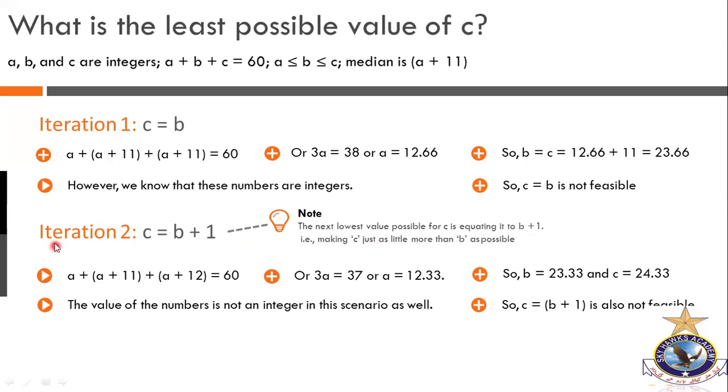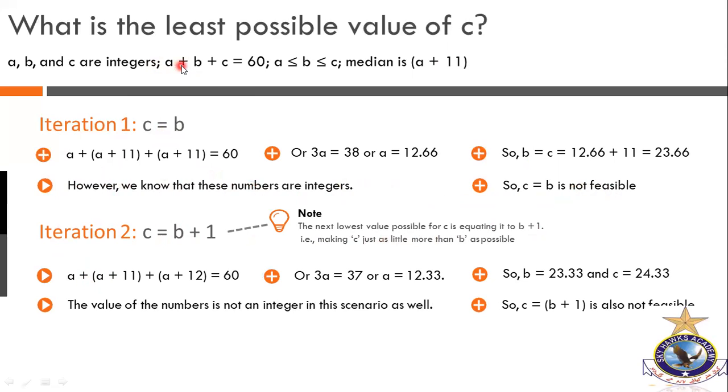The next is from this one. This supposition that C was B was not working, so we are just leaving it and considering the new supposition. Okay. So in this way, look at this.